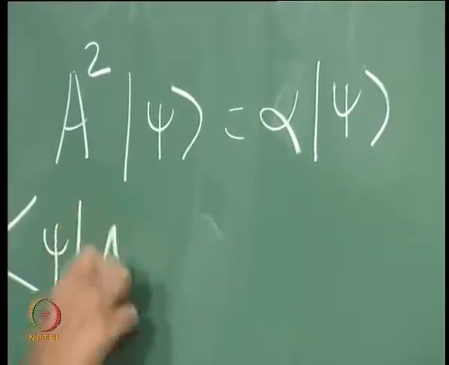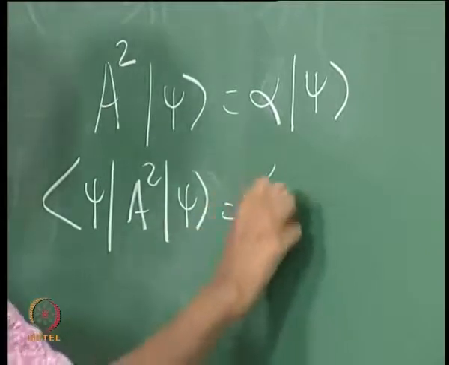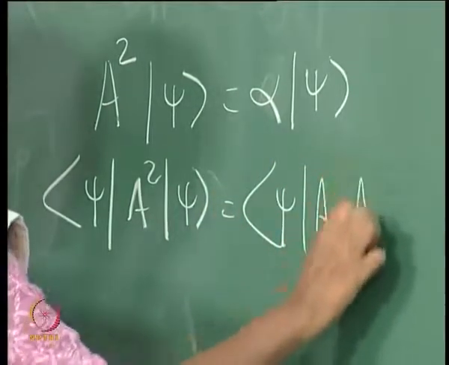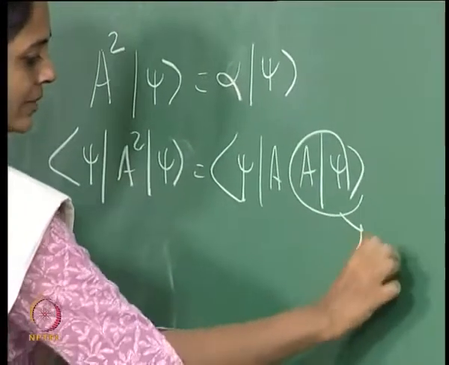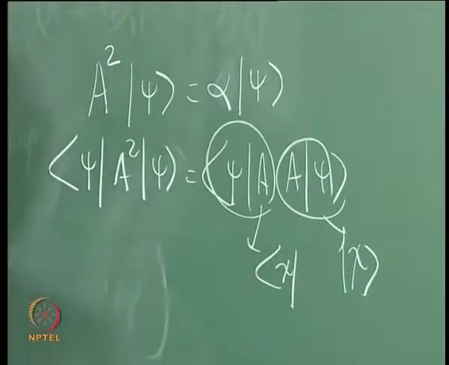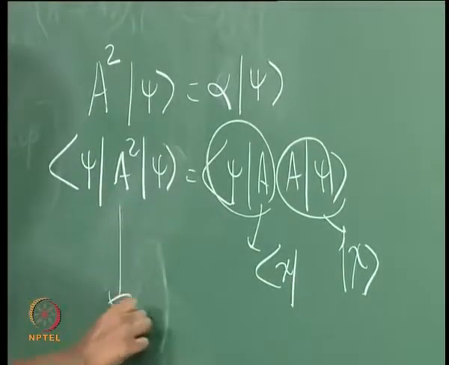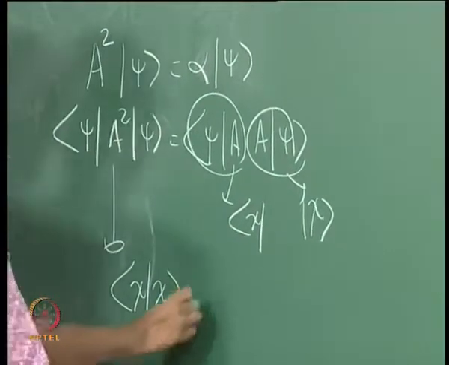Then psi a squared psi, this is a Hermitian operator, is psi a a psi. I could call A psi as the state chi, and therefore this is the bra. So this object is the inner product chi chi.